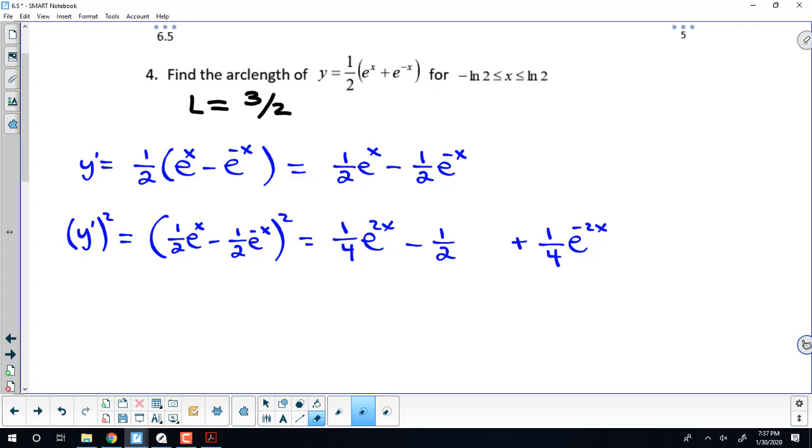I would recommend writing all of it out fully, because if we're basing this off of these two formulas, the a plus b quantity squared and the a minus b quantity squared, one of these is going to be your derivative.